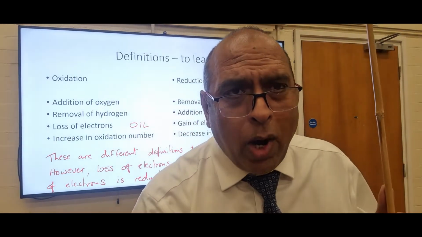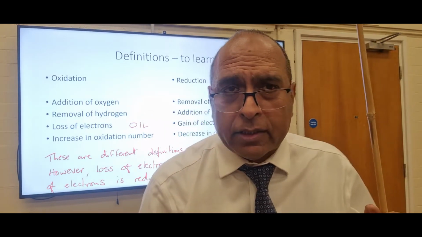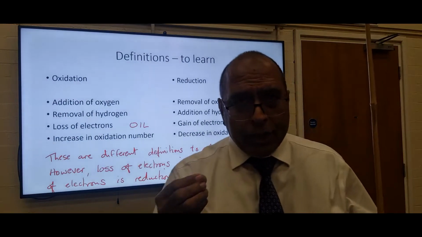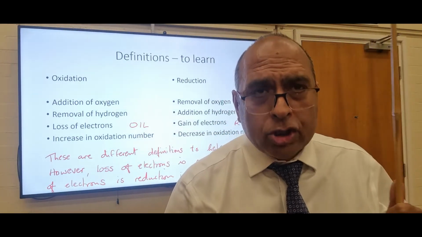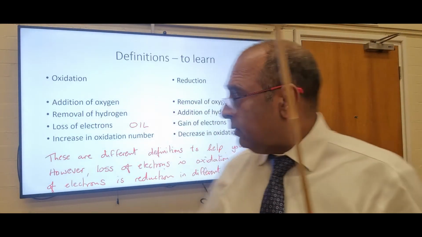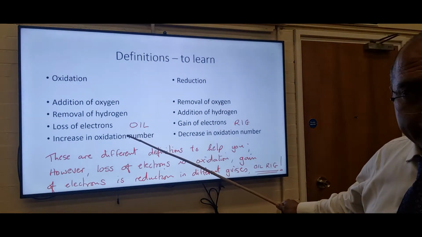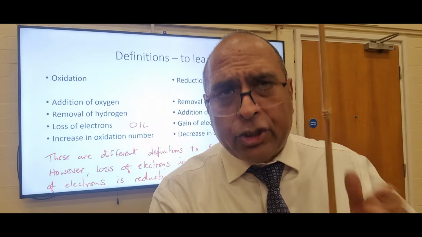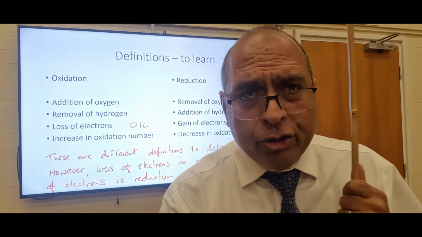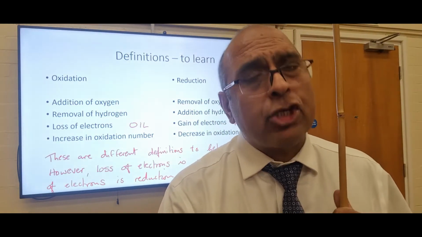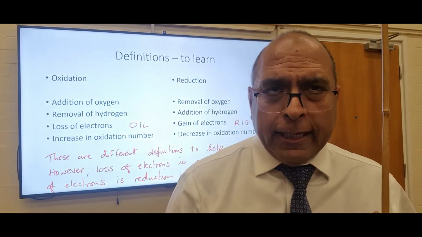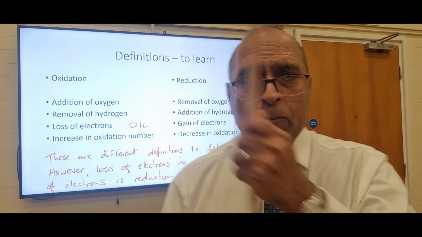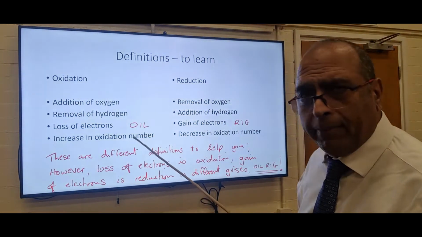The more wide-encompassing definition of this is to do with electrons. Oxidation is the loss of electrons. Now, when we've got charges like iron 2+, as opposed to iron 3+, the value of the charge, the 2+ or the 3+, we call that the oxidation number.